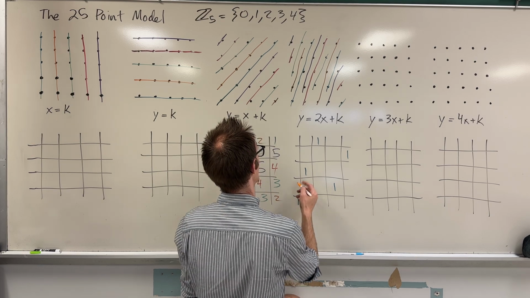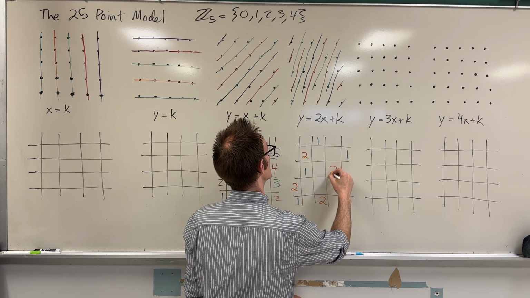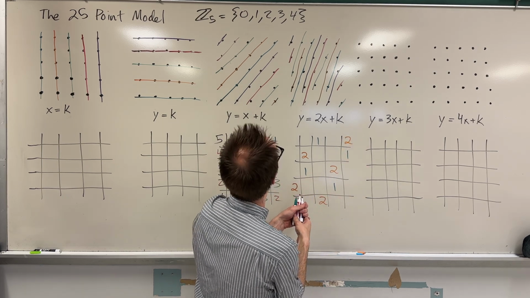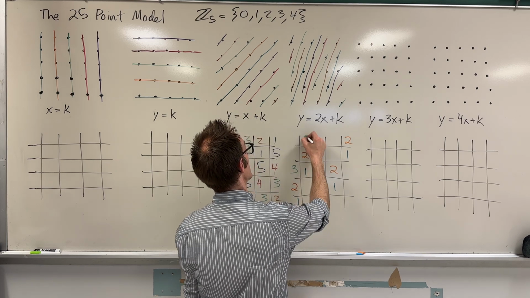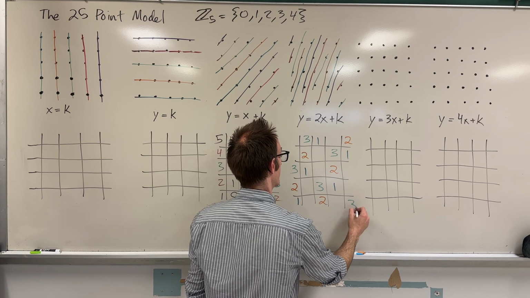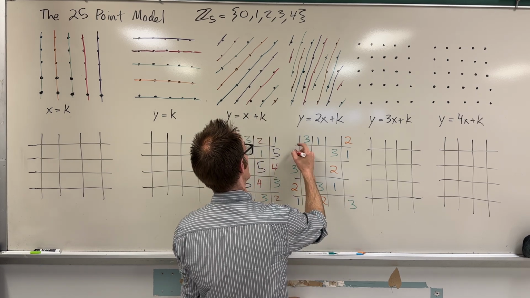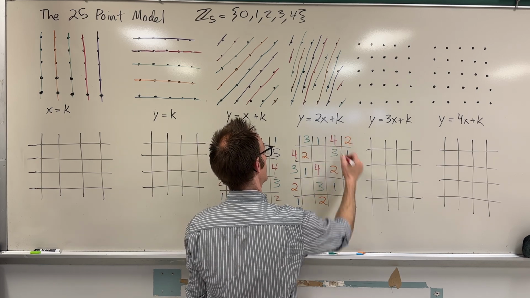Now we'll go to the orange one. The 2 always goes right above the 1. So that is the line of 2s. And then we have the line of 3s, again with slope 2. Then we have the line of 4s. Oh yeah.